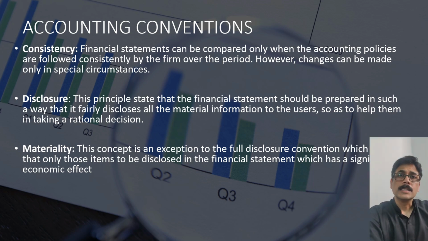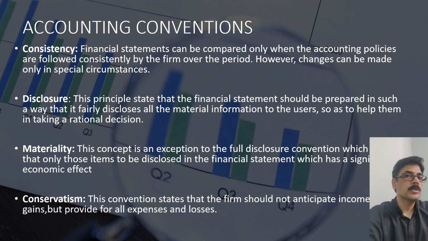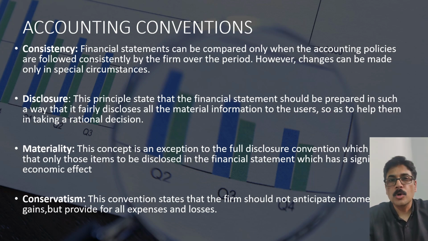The conservatism convention says that we should not anticipate any income and gains, but we need to provide for all the expenses or losses. It means that if, till the date of finalizing the balance sheet, we get to know about any expense or any contingent liability that is going to materialize and we have to pay for it, we need to account for those expenses in the business.